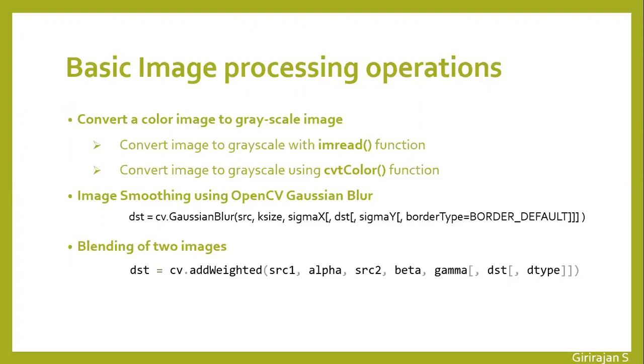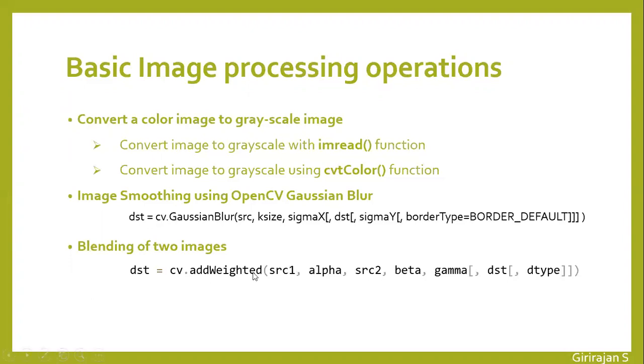Sigma x and sigma y are the kernel standard deviations along the x-axis and y-axis respectively, and border type specifies the image boundaries while the kernel is applied on image borders. Possible values are BORDER_CONSTANT, BORDER_REPLICATE, BORDER_REFLECT, BORDER_WRAP, BORDER_DEFAULT, and BORDER_ISOLATED. We have this many options.